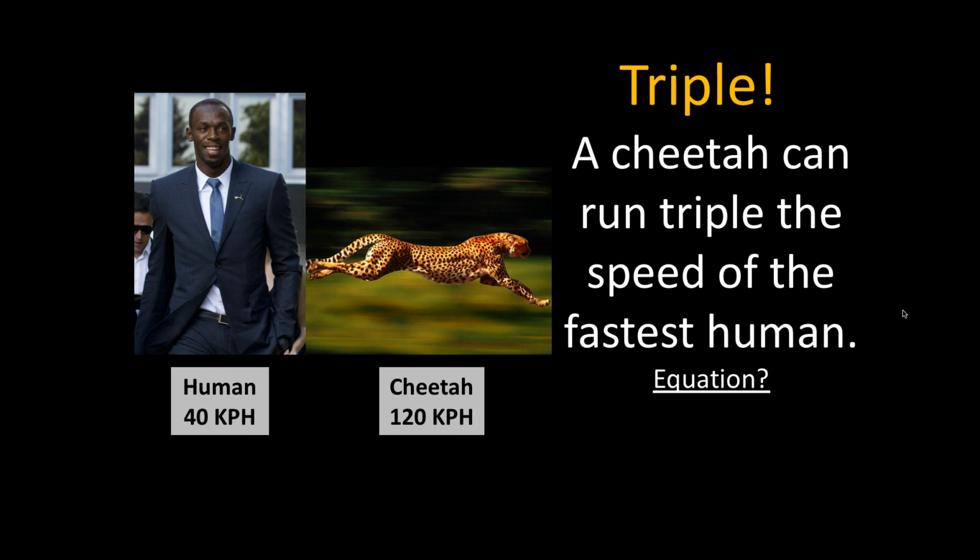Well, here it is. We have 40 plus 40 plus 40 equals 120. So 40 tripled. So if there's 3 40s put together, that equals 120. Amazing. Cheetahs are just so fast.